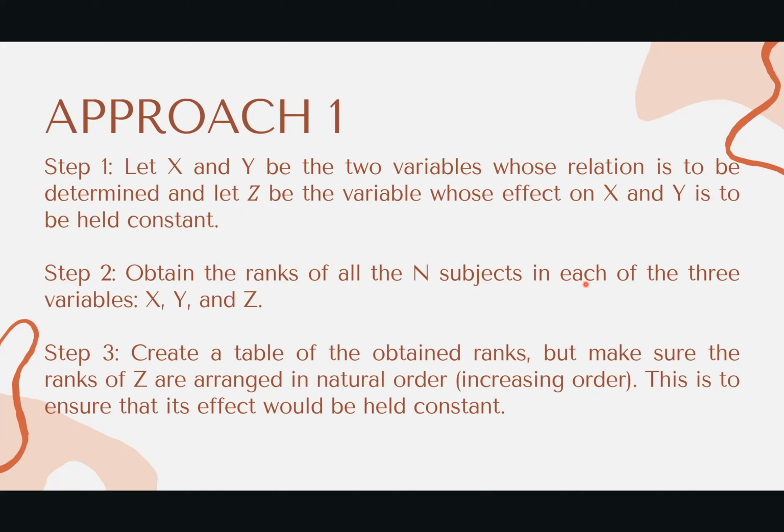Step 2, obtain the ranks of all the n subjects in each of the three variables x, y, and z. Step 3, create a table of the obtained ranks, but make sure the ranks of Z are arranged in natural order or in increasing order. This is to ensure that its effect would be held constant.